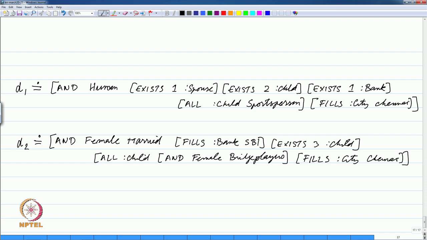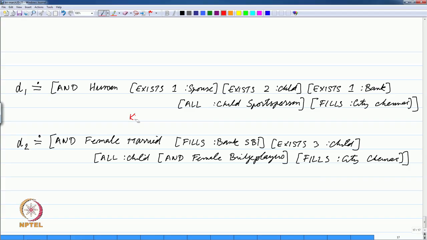So, this is a set of all married women who bank with State Bank of India and who have 3 children, and all the children are females and they are bridge players. So, all the children are daughters and bridge players essentially, and they live in Chennai.